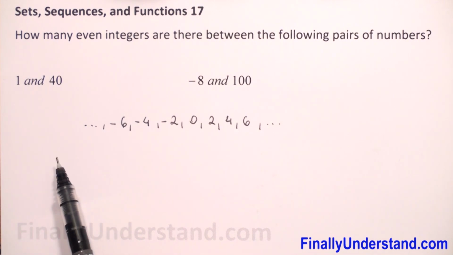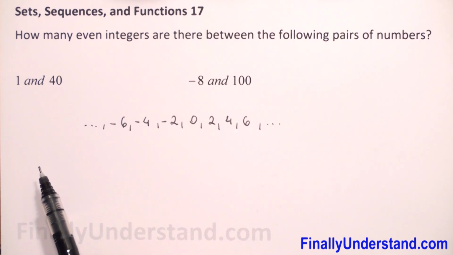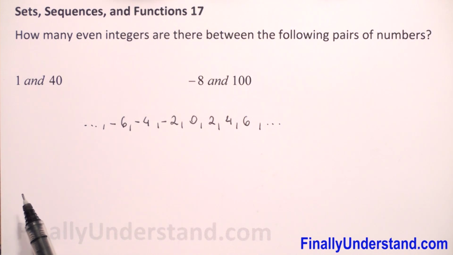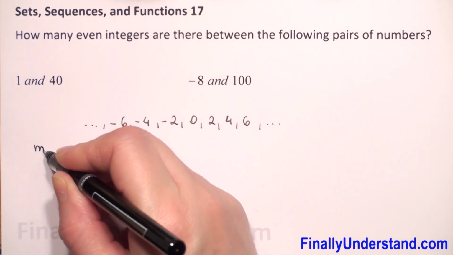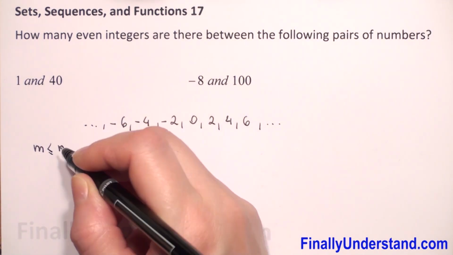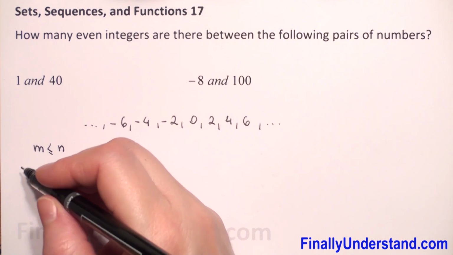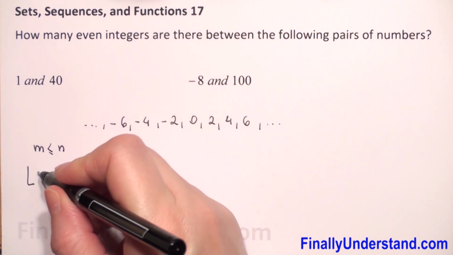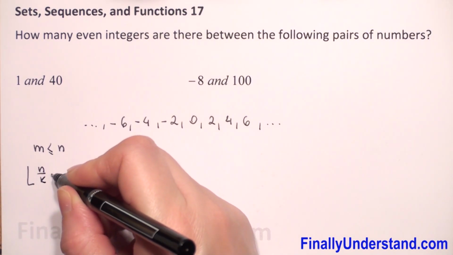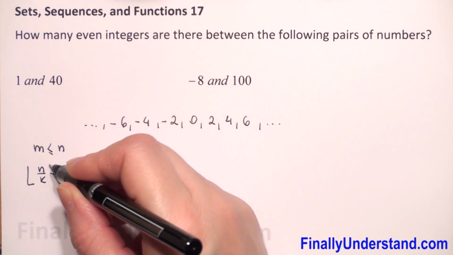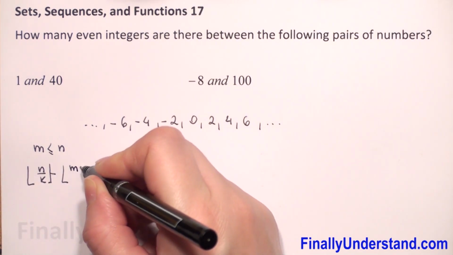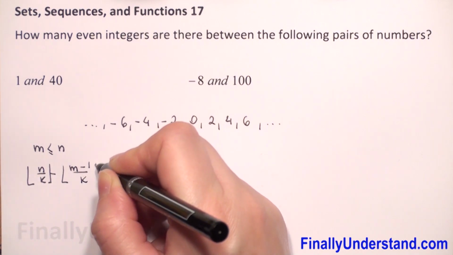Because these numbers are multiples of 2, we will use the formula that when we have integers m less than or equal to n, the number of multiples of k between m and n is floor of n over k minus floor of m minus 1 over k.